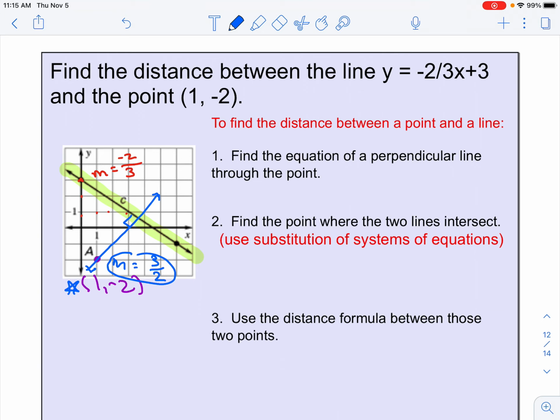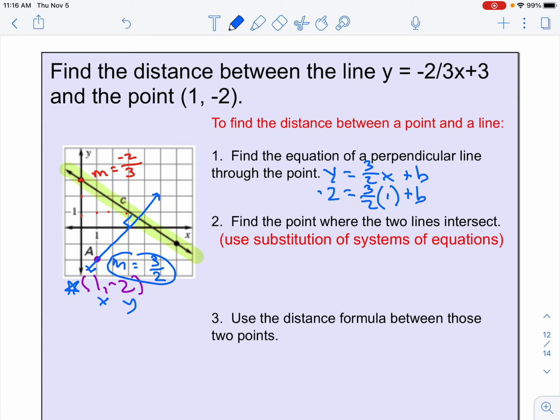So the equation of the line perpendicular to that point would be y equals, I know my slope is 3/2 x plus b, but I need to find b. I find b by plugging in that x and y value. So now I would take my y value of -2, plug it in with my slope and my x value.